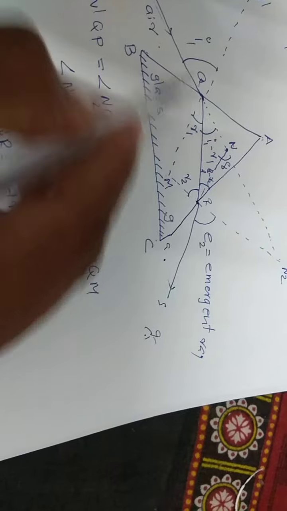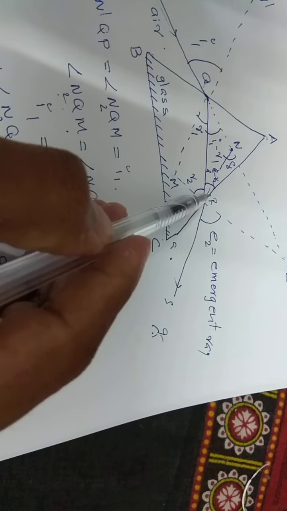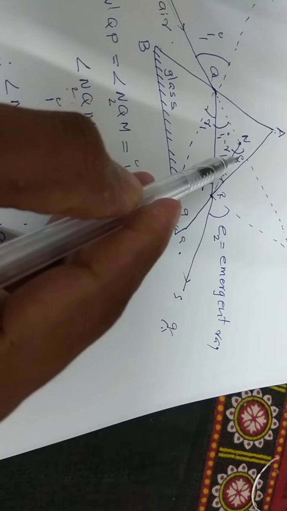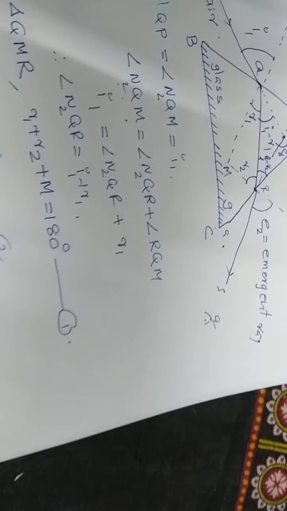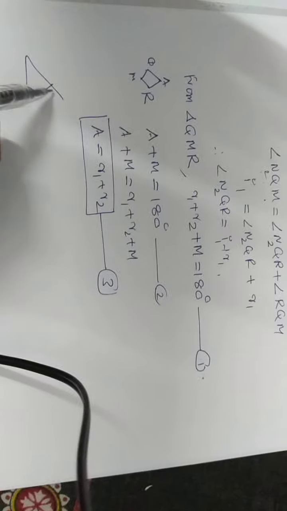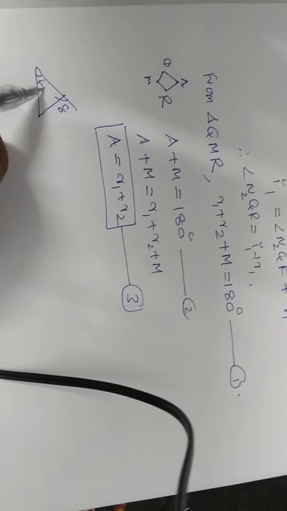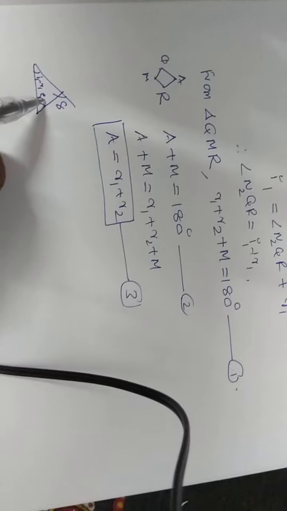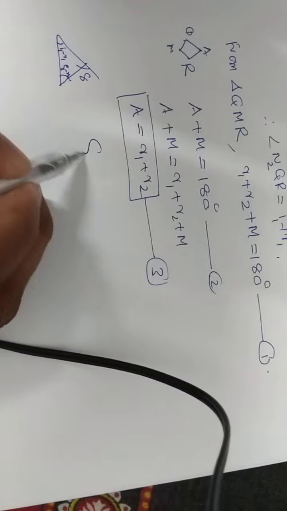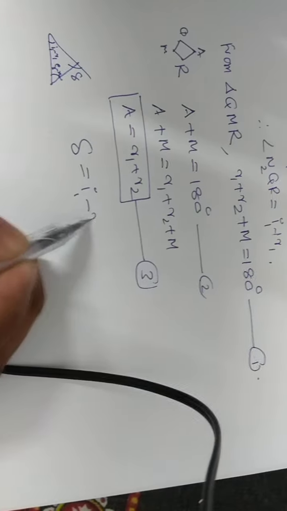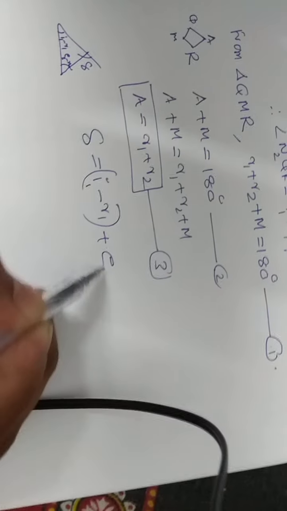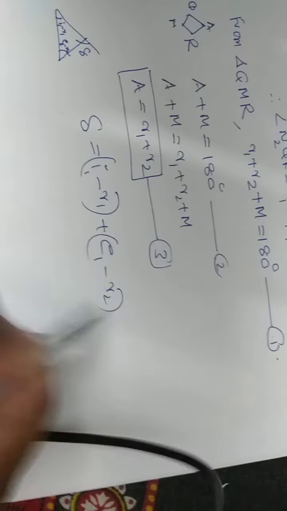Similarly, we can write from the figure NQR, delta is an exterior angle. Therefore, we can write, consider the figure, it's an angle delta. Here I1 minus R1, E2 minus R2. Therefore, delta is equal to I1 minus R1 plus E1 minus R2.